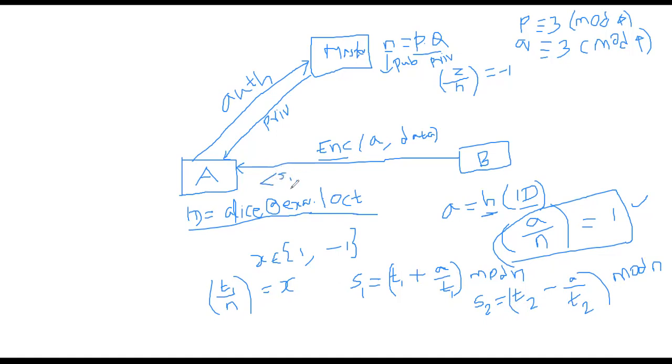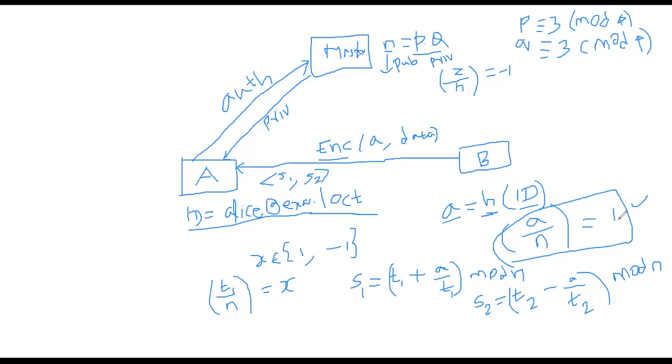Alice is now given S1 and S2. She has to recover T, either T1 or T2, of course. Now she will only use either S1 or S2 based on an additional property. Alice is going to authenticate to the master, if she has not done it earlier, and obtain a private key. Let me explain the structure of the private key. Remember, the public key is just a number A with the property that the Jacobi symbol is 1.